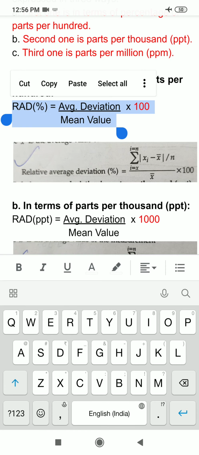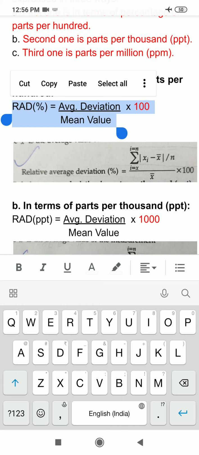I told you that when average deviation is expressed with respect to mean value, it becomes relative average deviation. But now I am writing it in terms of percentage, so you will express average deviation as a percentage of mean value. So relative average deviation in terms of percentage would be equal to average deviation divided by mean value into 100.